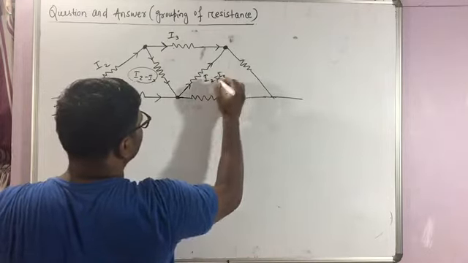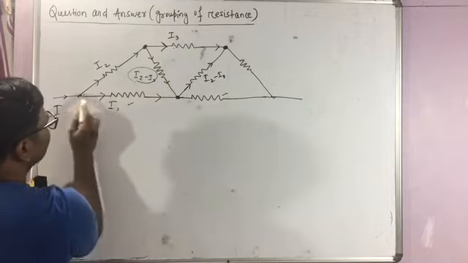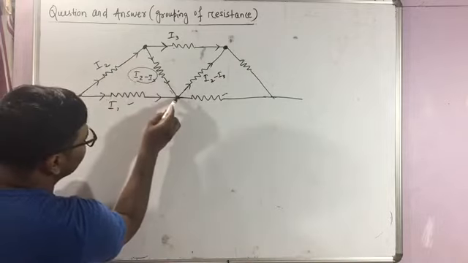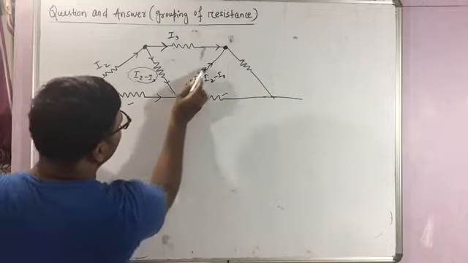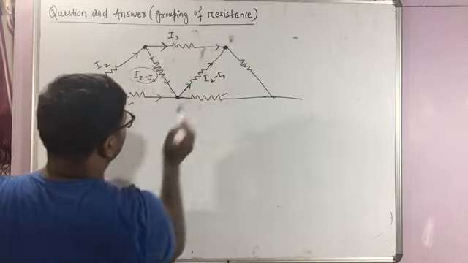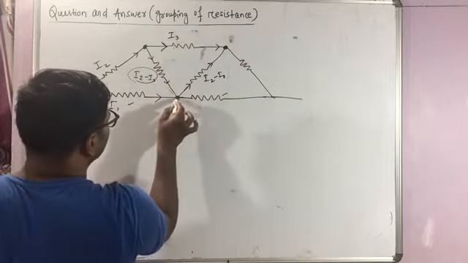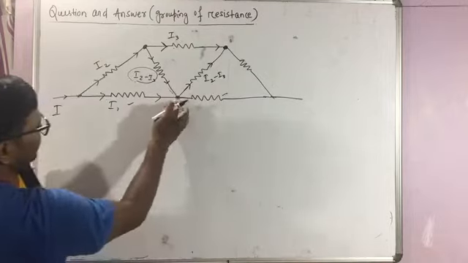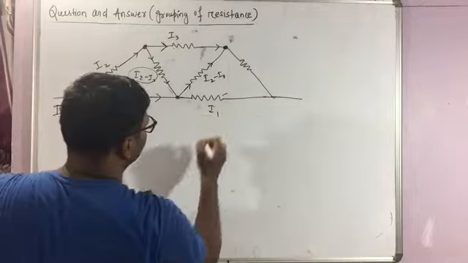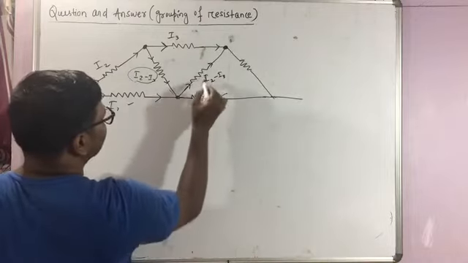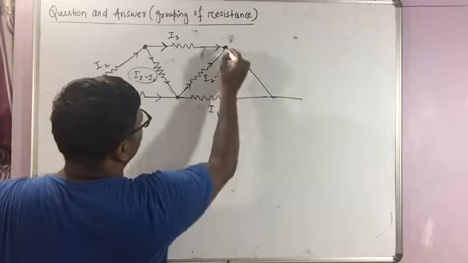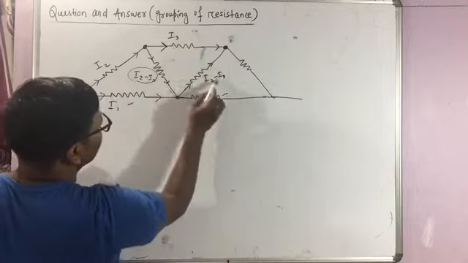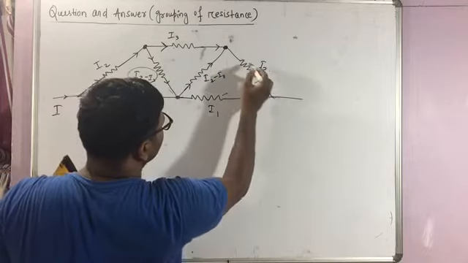Now in this way I2 minus I3 is coming to this point and it is again going through this branch. So at this point there is no interference of the current. Here the current is I1, to this one it is I2 minus I3, and through this branch I3, and this means I2 amount of current is coming.